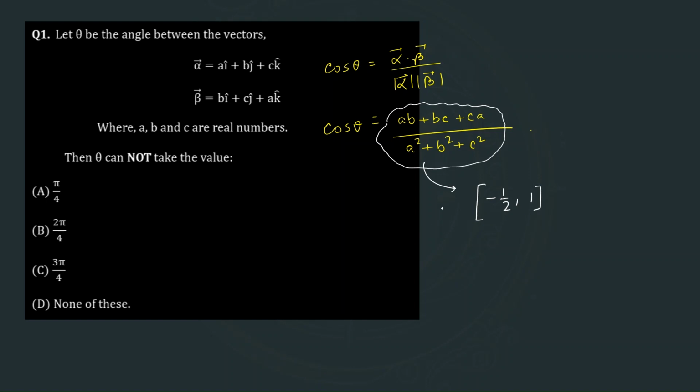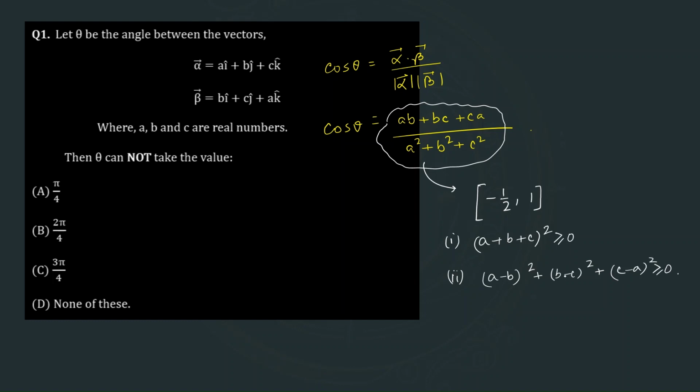How can you prove this? You simply take two inequalities, that is (a plus b plus c) whole square is greater than or equal to 0, and also (a minus b) whole square plus (b minus c) whole square plus (c minus a) whole square greater than or equal to 0.